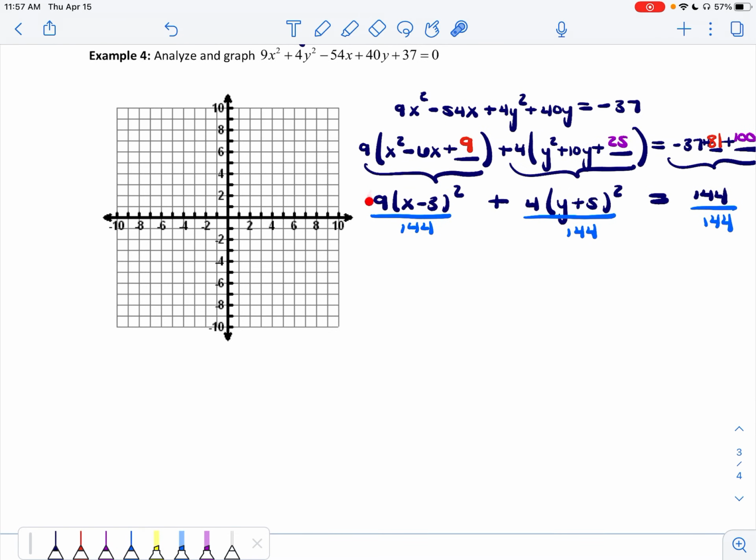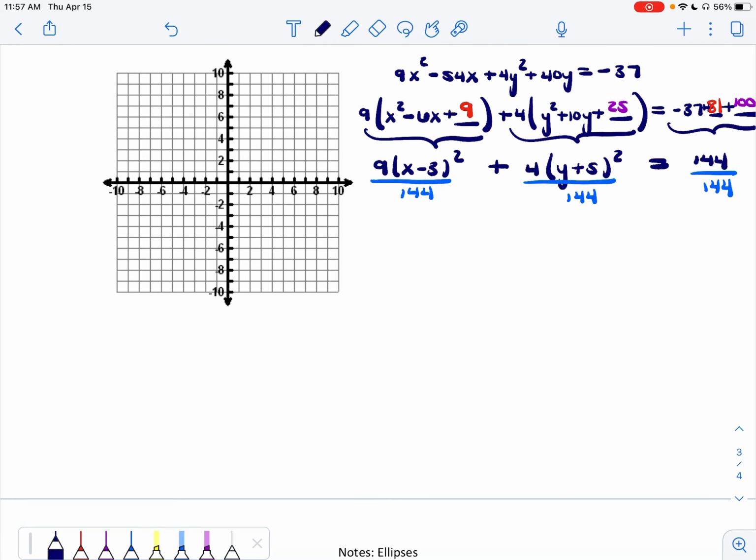Okay. All right, so starting off with our x's, 9 divided by 144 is 1/16. So that's going to be x minus 3 quantity squared over 16. With our y's, 4 divided by 144 is 1/36.